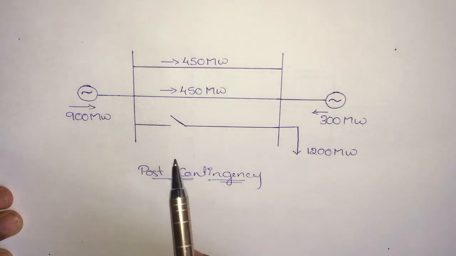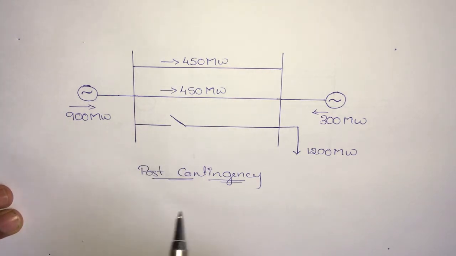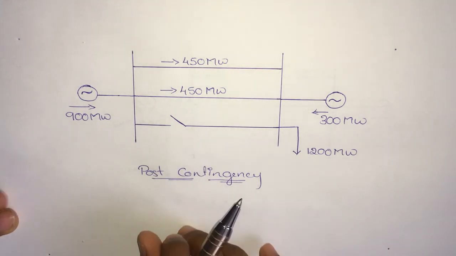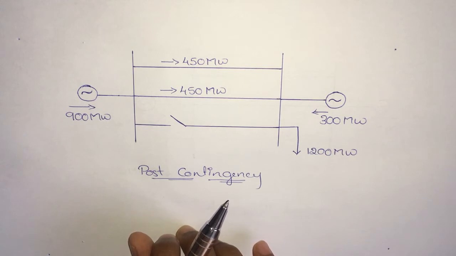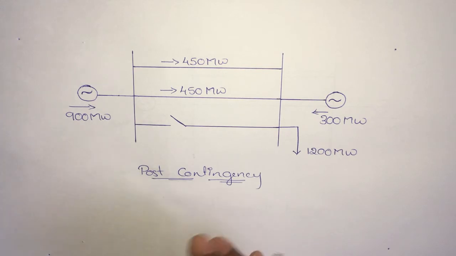This state may lead to a non-secure state where there is a violation of the line power flow. Line power flow has been violated, and voltage and current have been exceeded in the line.